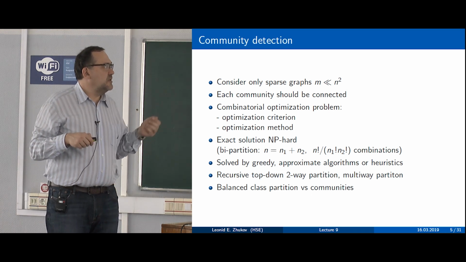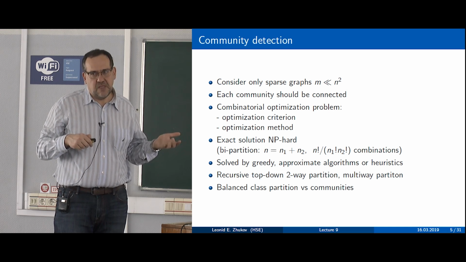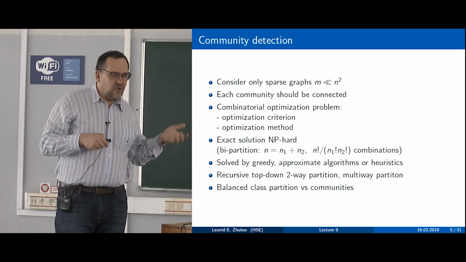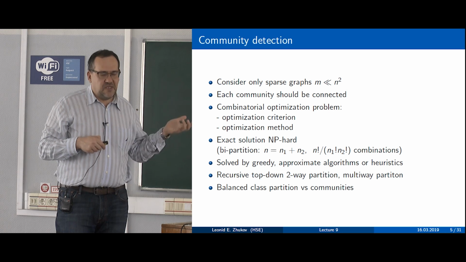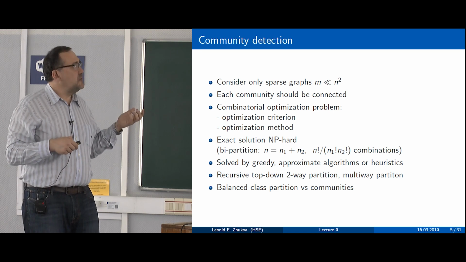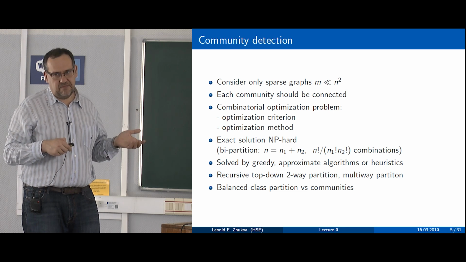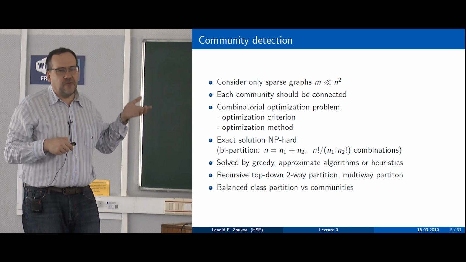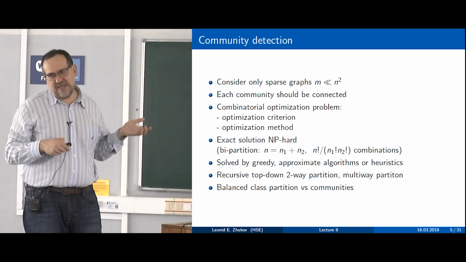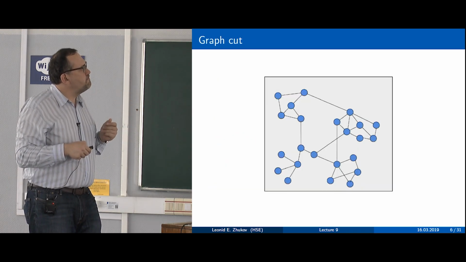Or we're going to use some heuristics that we know work in practice. Having said that, the major point here is that graph partitioning or community detection, if we want to solve the exact problem, is NP hard, so we cannot do this. That's why we're going to make certain approximations. And it actually goes pretty well with the definition of community detection, because it is kind of an imprecise definition, right?